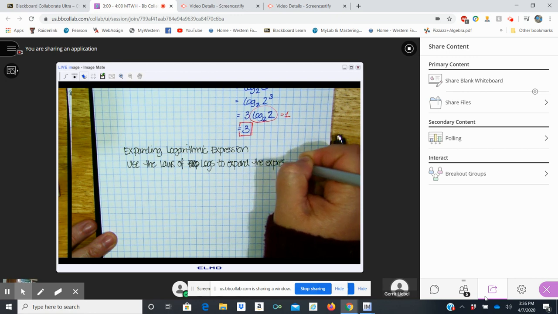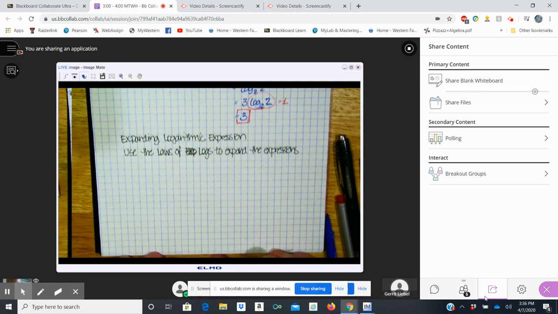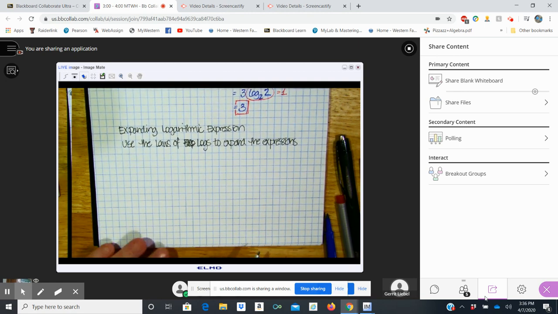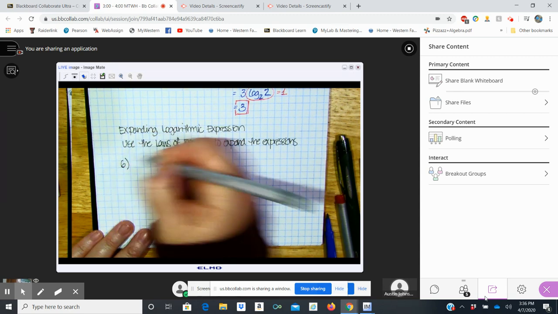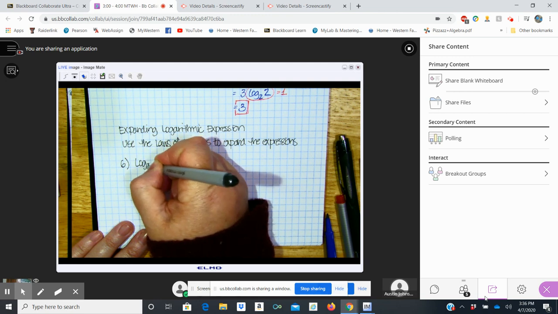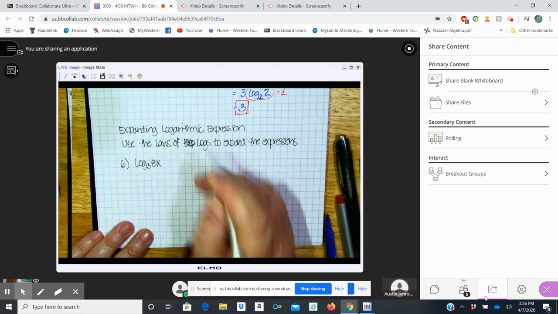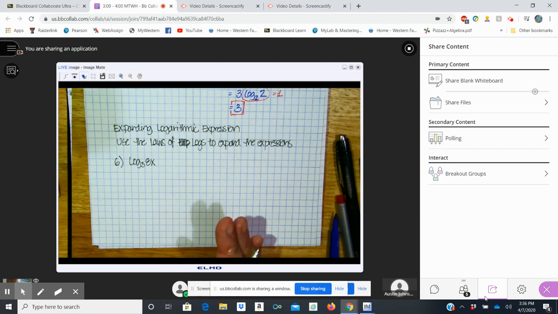Okay. So what we're doing in this grouping and in the next grouping is we're basically trying to hone your skills and practice them. So we're asking you to take something like log base 3 of 8x and manipulate it using the laws of the logarithms.